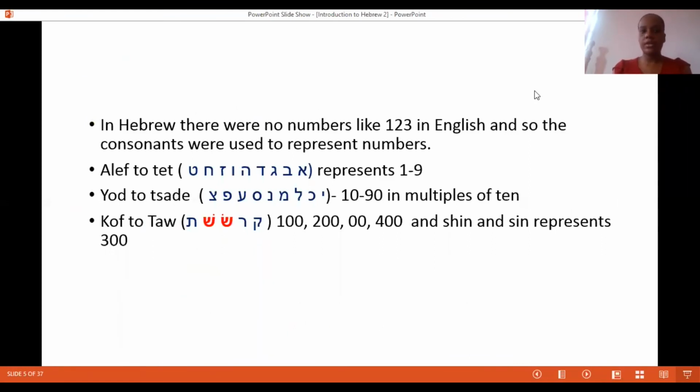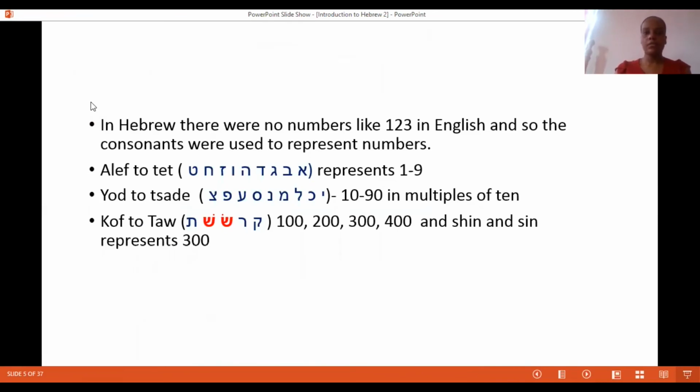All right, so on my screen, you're seeing exactly what I'm talking about. So from Aleph to Tet, remember Hebrew is written from right to left. So from Aleph to Tet, that represents numbers 1 to 9. From Yod to Sade, they represent numbers from 10 to 90, so they come in multiples of 10. For example, 10, 20, 30.